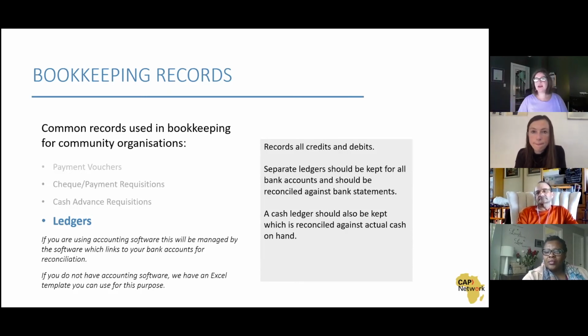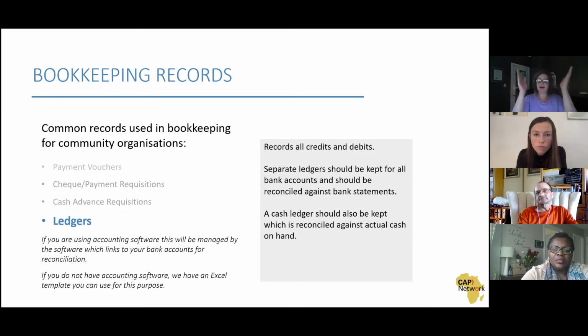So that's something that you can customize to whatever makes sense for your own internal organization. And certainly the templates that we have are actually done in Excel. So if you want to add a column, and then you could print out and have 2 columns, one for account, one for budget code, if that's helpful.